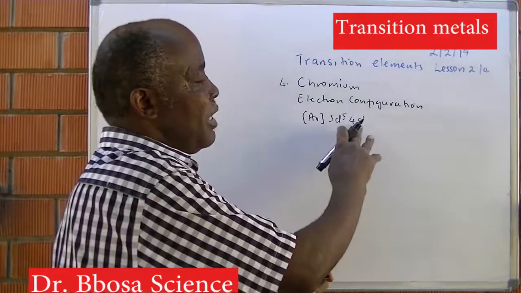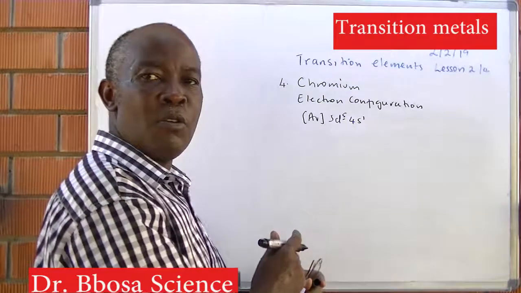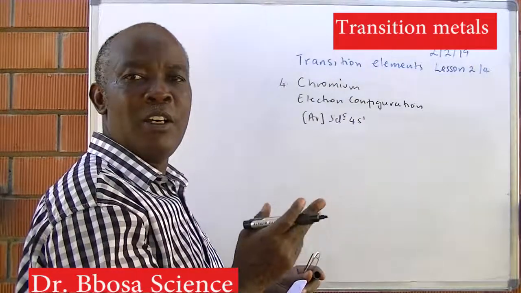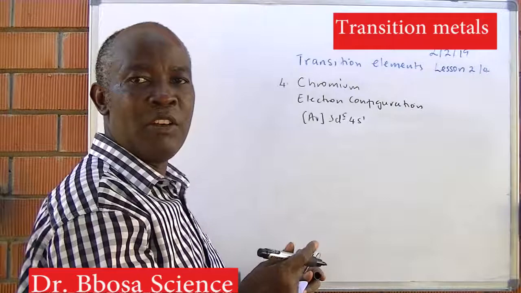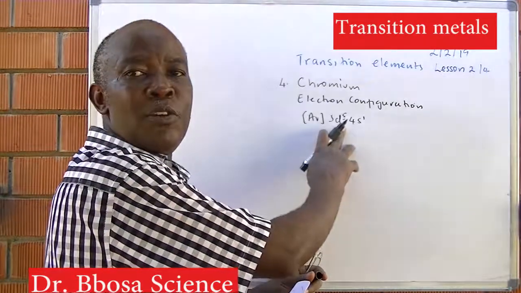So there's a rearrangement in the electronic configuration of chromium. It is one of the questions they will ask you, write the electronic configuration of chromium, to see whether you write 5 or 4 here.